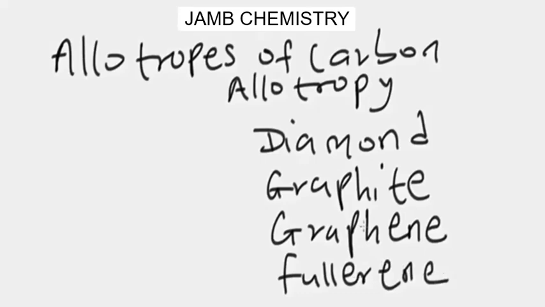Now, let me show you the diagrams I use to explain their properties and some of their basic uses in real life application. So let me get the diagrams of diamond, graphite, graphene, and fullerene to illustrate the point very well. Let's wipe this so that it will show very well.